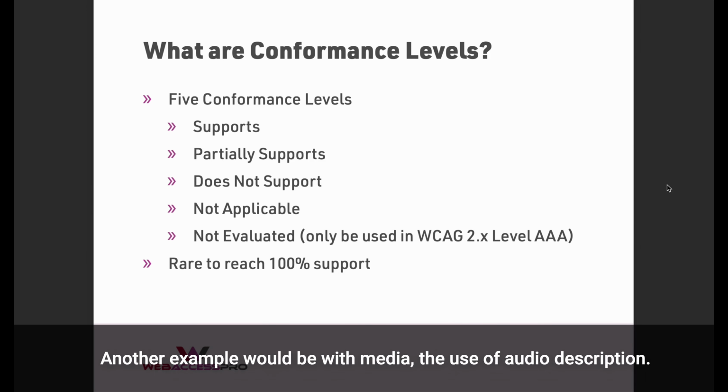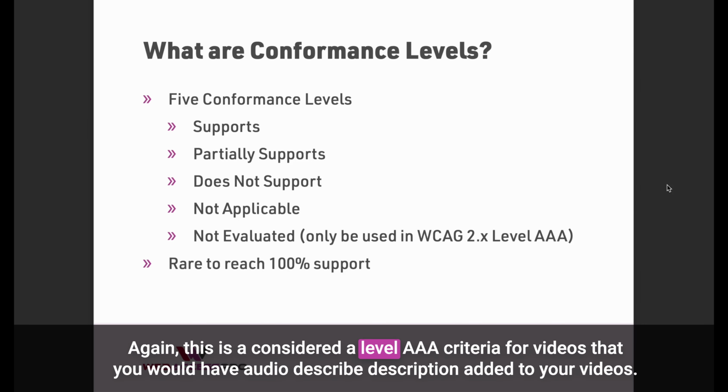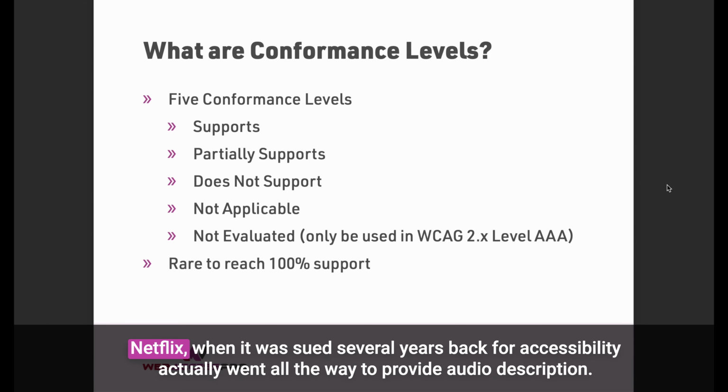Another example would be with media, the use of audio description. Again, this is considered a level AAA criteria for videos, that you would have audio description added to your videos. Netflix, when it was sued several years back for accessibility, actually went all the way to provide audio description.